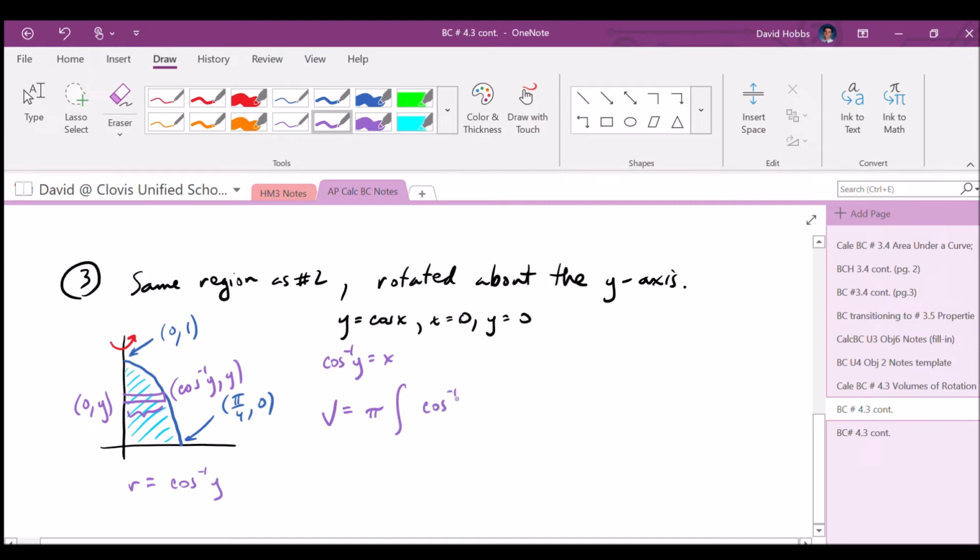So pi times inverse cosine of y squared dy is the volume of the cylinder, so delta y or dy. Limits of integration: my rectangles are in y values, so I have to start at the lowest elevation and go to the highest elevation. The lowest elevation for this region is 0, highest elevation is 1, so 0 to 1.